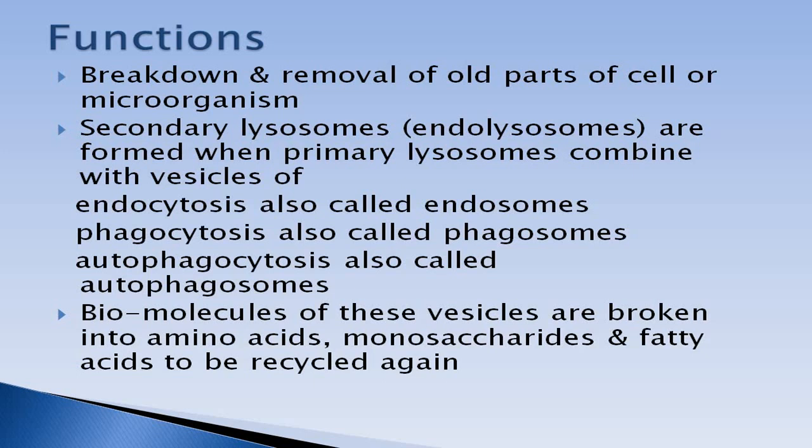The primary lysosomes combine with different types of vesicles. These vesicles may be formed by endocytosis. Remember endocytosis? The vesicles which are formed by endocytosis are called endosomes. If these vesicles are formed by phagocytosis, they are called phagosomes.